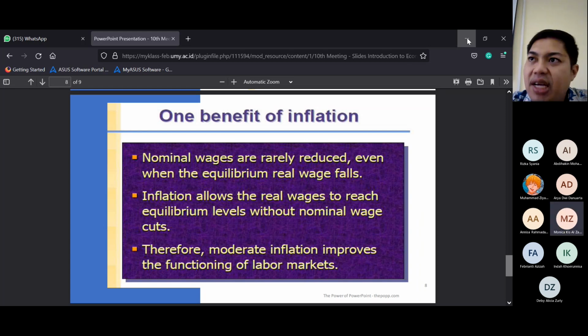You see that inflation here creates imbalances between the growth of money and the growth of goods. Because inflation happens, the price of money becomes cheaper compared to the price of goods.